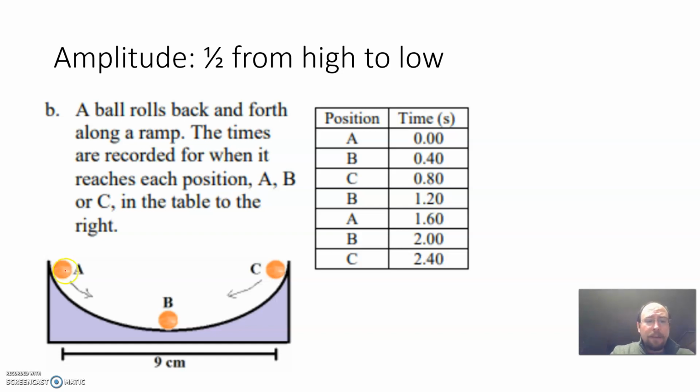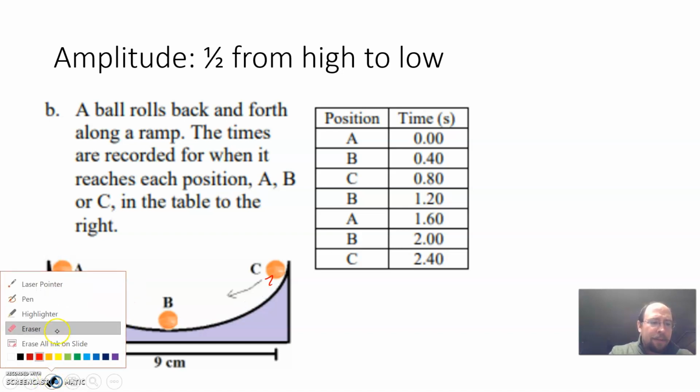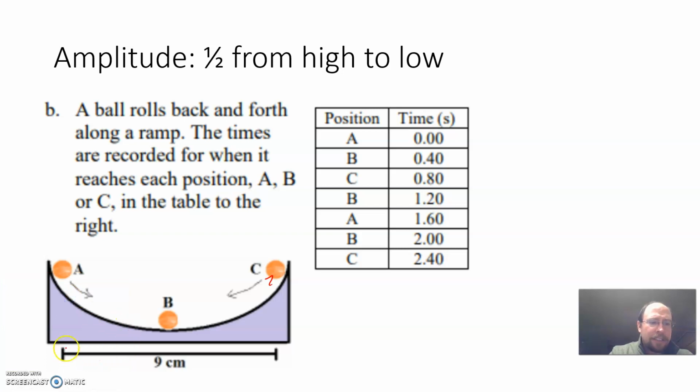We have a ball that's going from one side to the other on this little kind of like a half pipe, and it starts here at A, it's rolling to C, and then it comes back down and goes back and forth. But when we find amplitude, remember it's not the total distance. It's saying that from here to here it's 9 centimeters. That's the total distance. But the amplitude is half that.